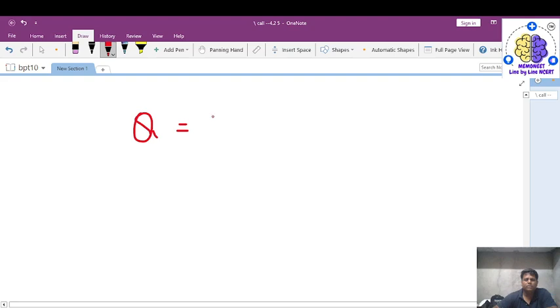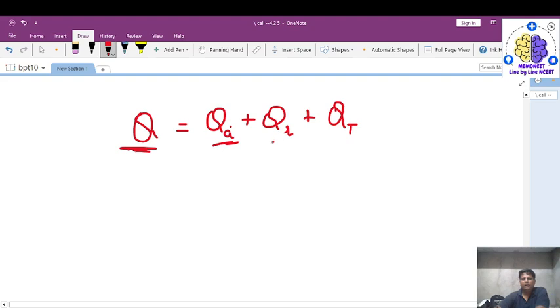Out of this, some heat will be absorbed, let me write it as Qa, some heat will be reflected back, let me write it as Qr, and some heat will be transmitted, let me write it as Qt. That is, if I supply Q amount of heat to a substance, it will absorb some amount of the heat, reflect some amount, and transmit some amount.